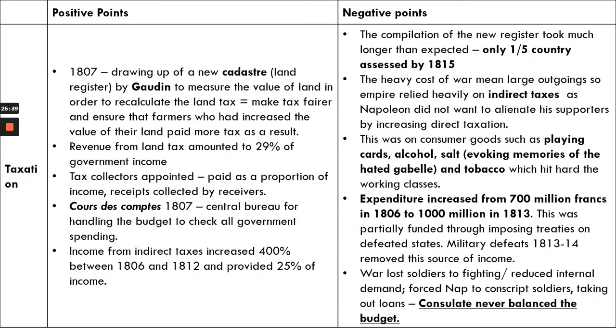So we could say that there were many successes in terms of taxation. From 1807 they drew up a new cadastre, a land register organised by Gaudin, and this was to make sure that tax had been fairly assessed and that wealthy landowners were paying their fair share. And this meant that you had greater revenue from land tax, which now made up 29% of government income.